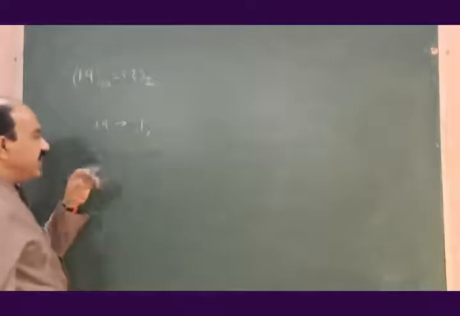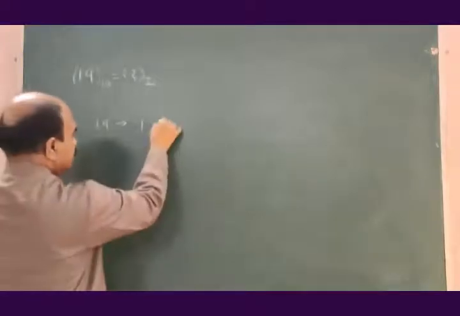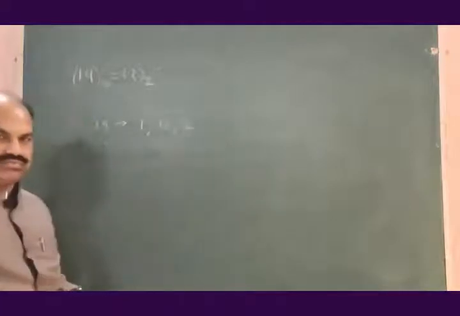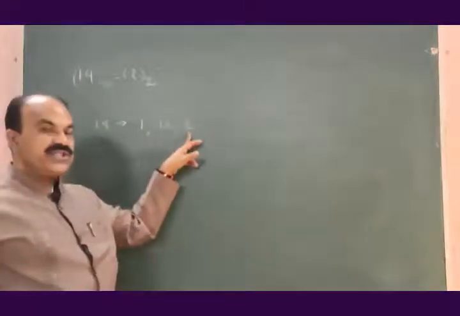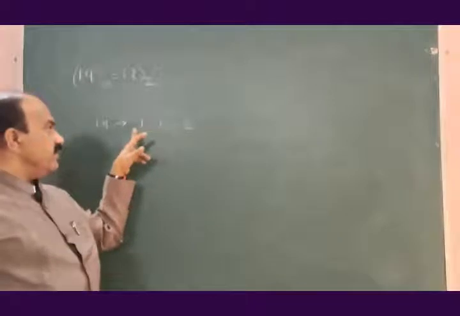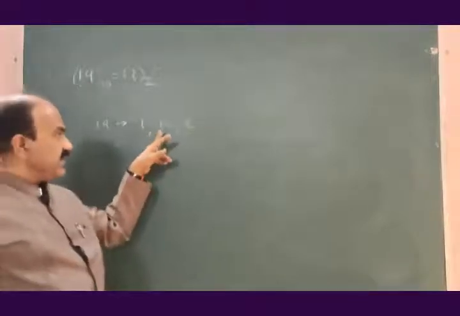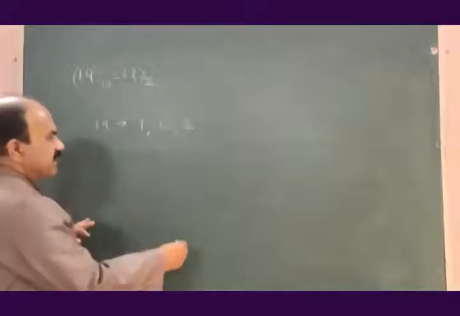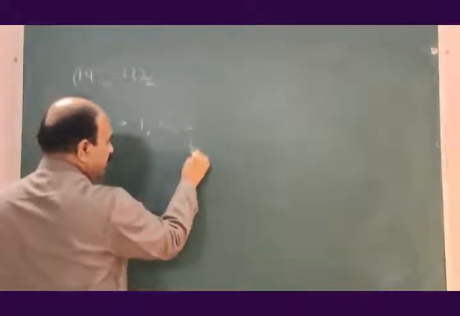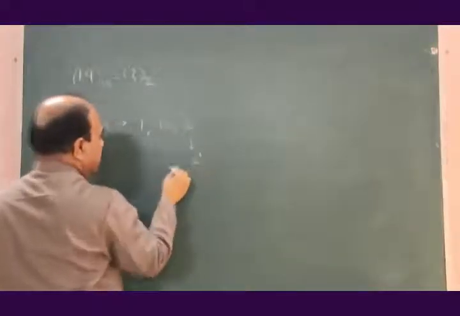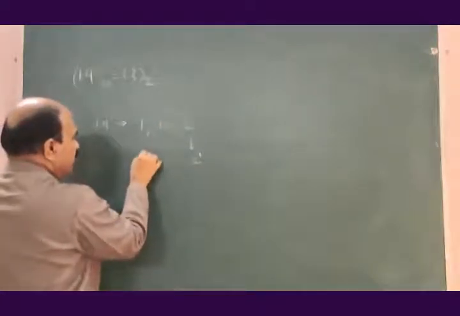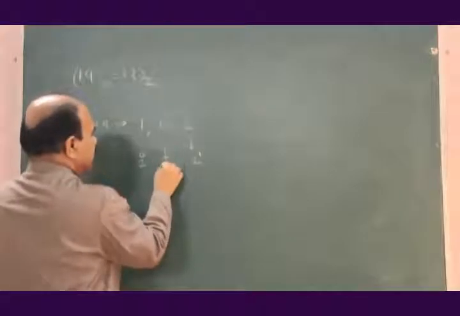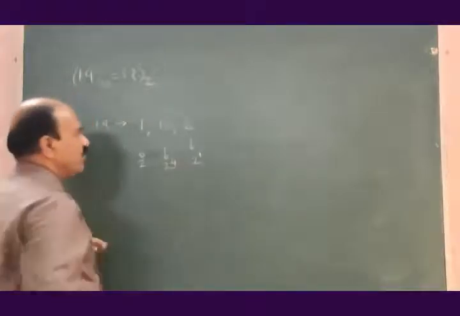Okay, 18 is left. 16 and 2. 2 is a binary weight. 1 is a binary weight. 16 is also a binary weight. 2 is equivalent to 2 to the power 1. 1 is equivalent to 2 to the power 0. 16 is equivalent to 2 to the power 4.